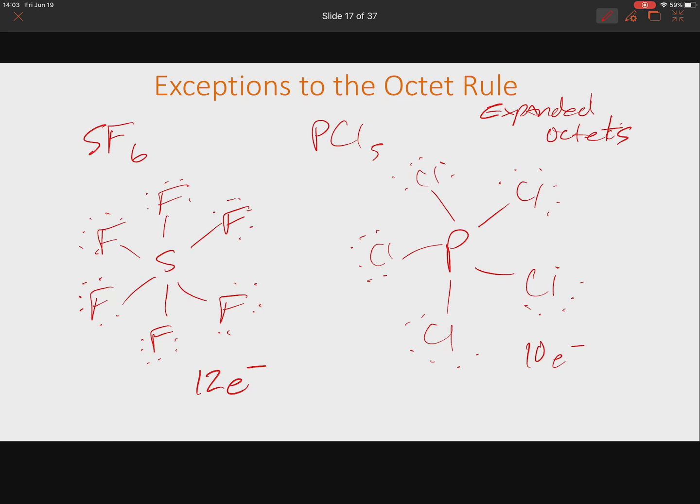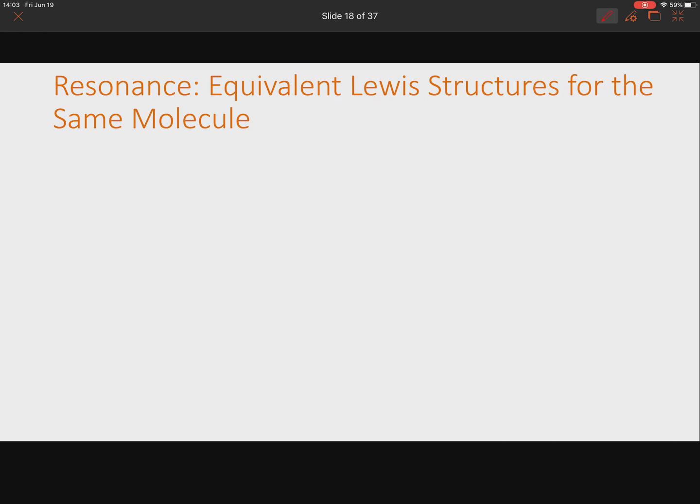I mean, they do in an excited state, but not in a normal, everyday compound type state. But in spite of these exceptions, Lewis theory really does remain a powerful and simple way to understand chemical bonding. Now let's talk about some of the other neat things we see with Lewis structures.